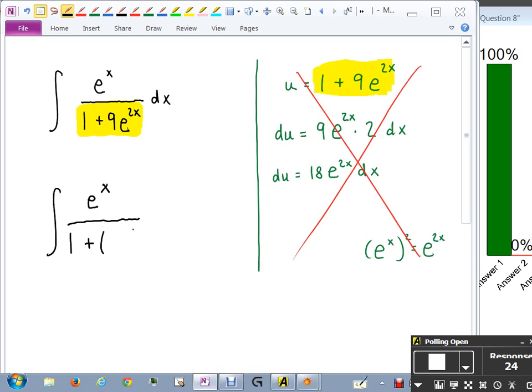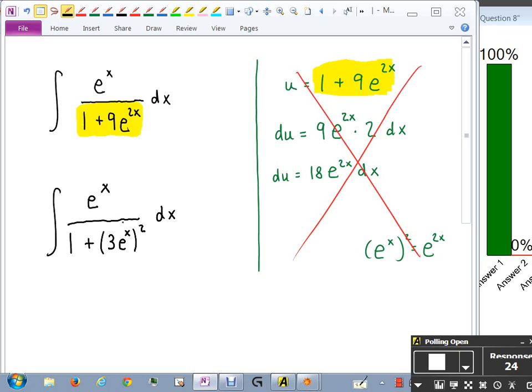Okay, so I'm going to instead rewrite this down here as squared, but I have that 9 there. So I'd need to put a 3 if I'm going to square the whole thing, right? I would need that, wouldn't I? Now take another look at this.